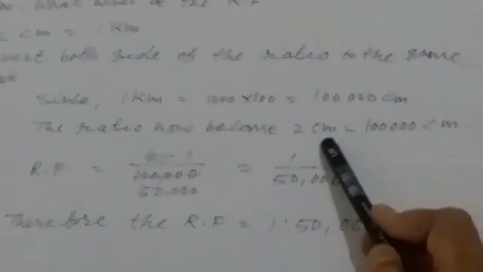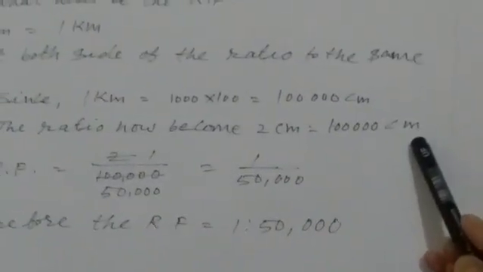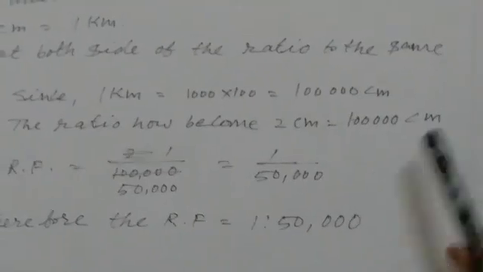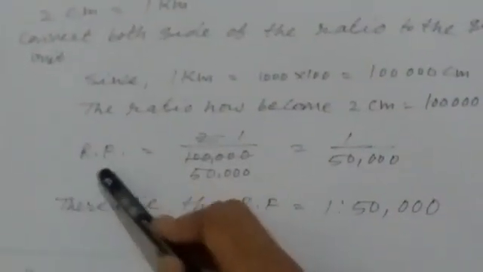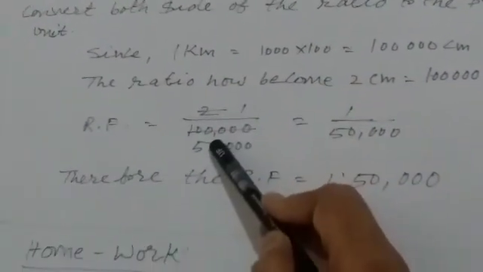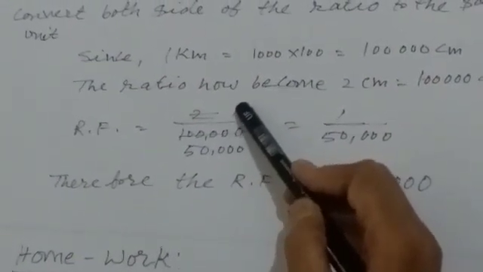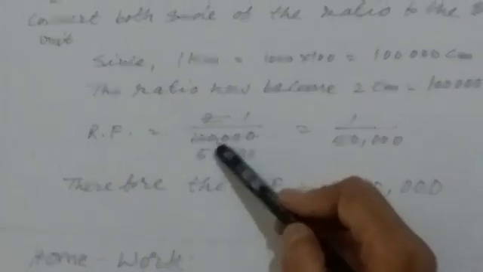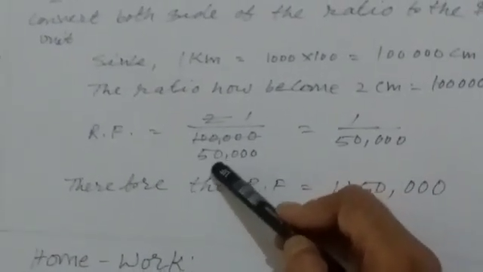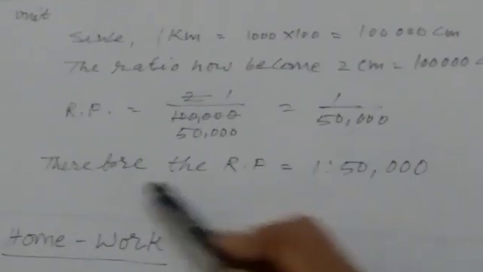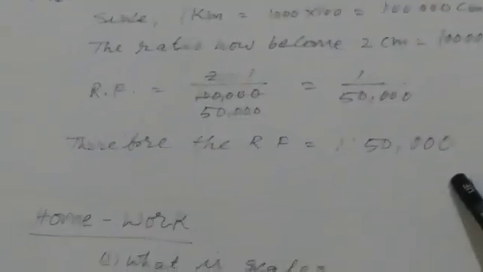The ratio now becomes 2 cm is equal to 1 lakh centimeters. So RF is equal to 2 by 1 lakh, which is 1 by 50,000. Therefore, the RF is equal to 1 is to 50,000 for the given map.